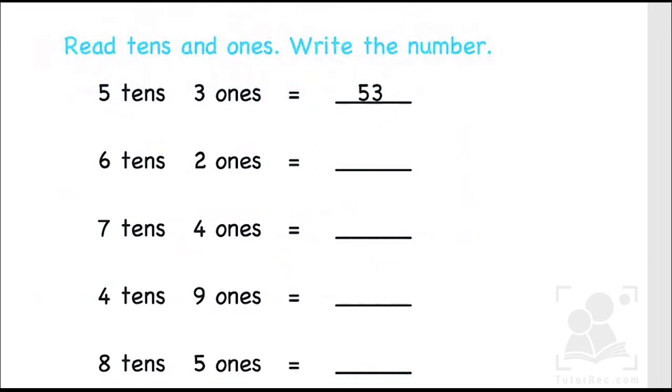What we have to do here is read the tens and ones and write the number. 5 tens and 3 ones equals 53. So 6 tens and 2 ones equals 62. Next, 7 tens and 4 ones equals 74.